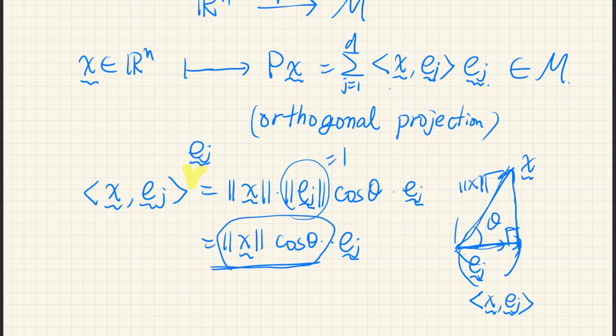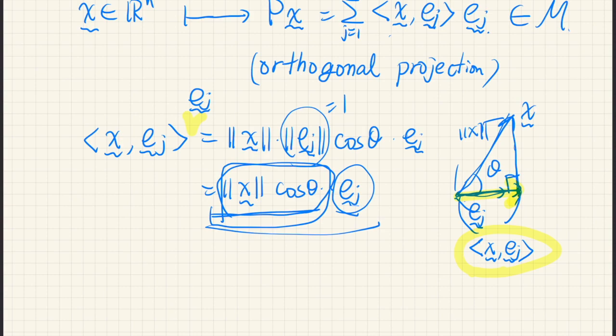Now we multiply by this vector, so it is a vector in this direction, with the length of this, because again the length of e_j is 1, so the length of this vector should be equal to the absolute value of this.